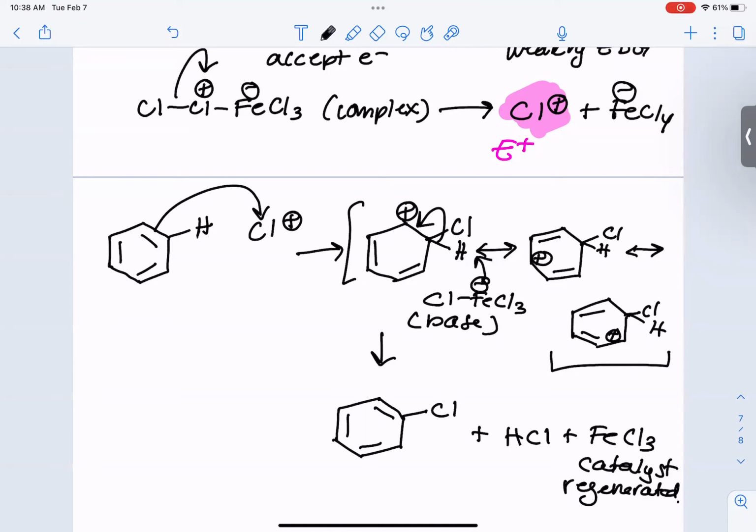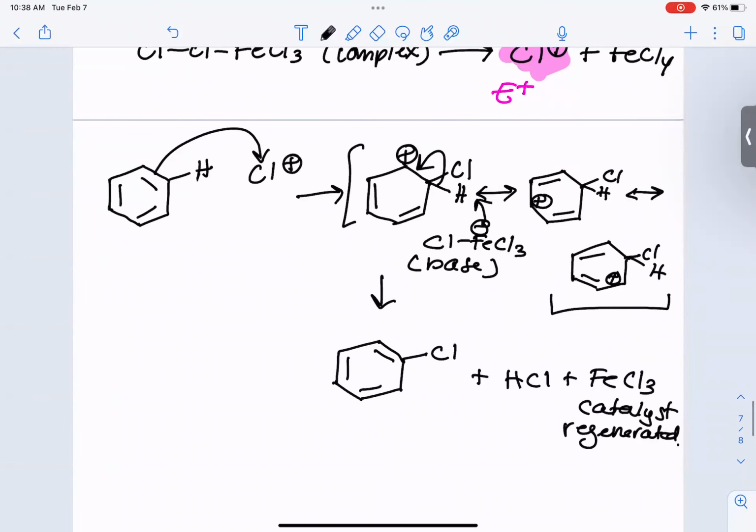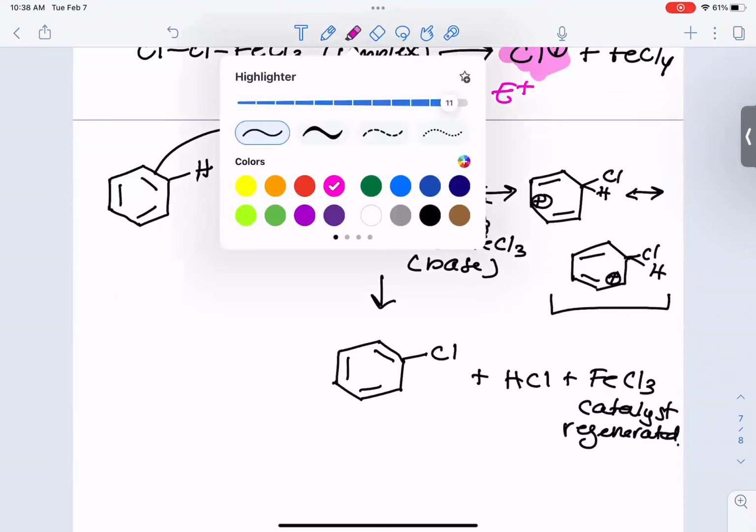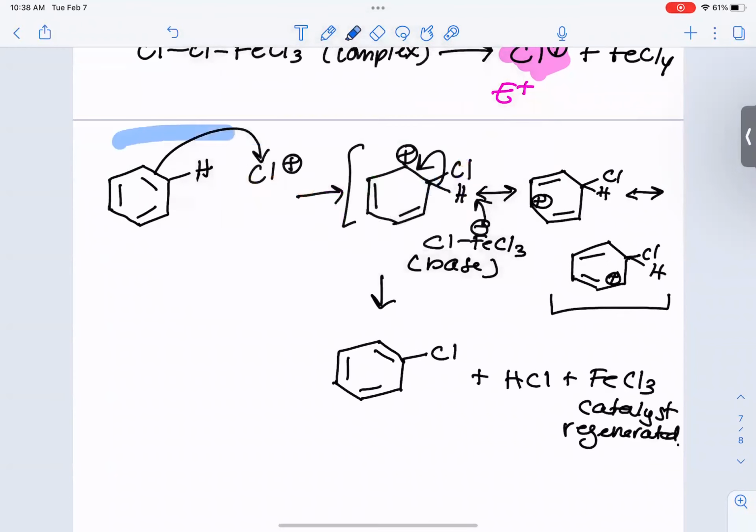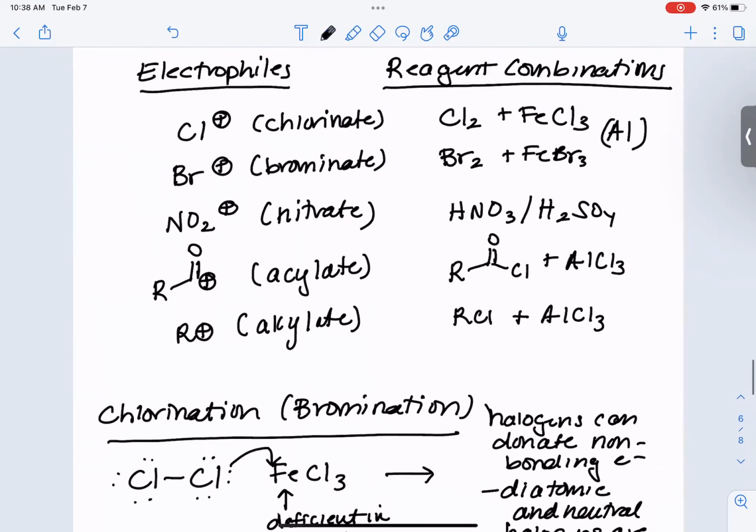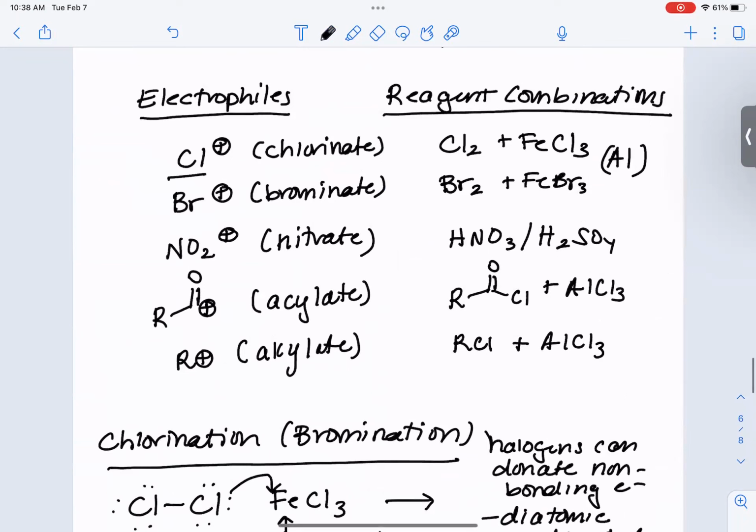What you need to know, as far as you drawing this out, is that you do not have to show me how you make the electrophile. You just have to know what the electrophile is, okay? So if it's chlorination, understand that the electrophile is the Cl+.